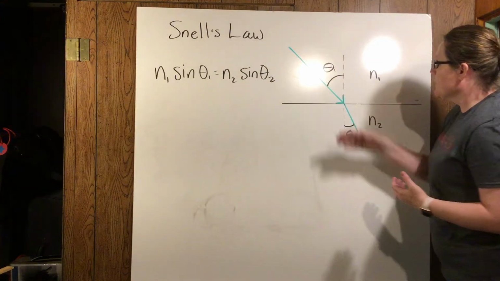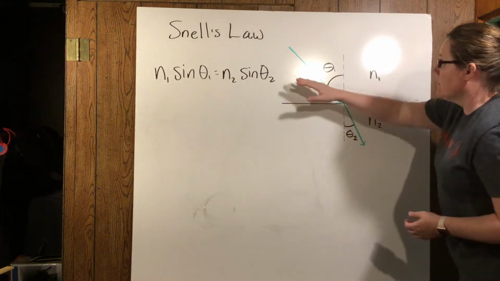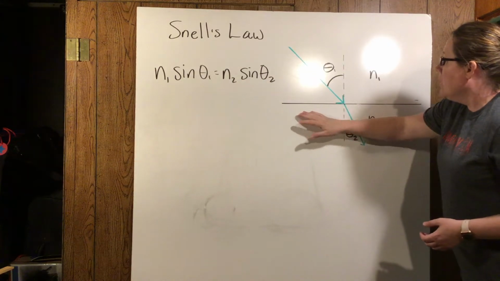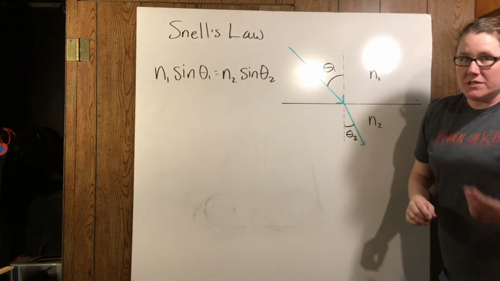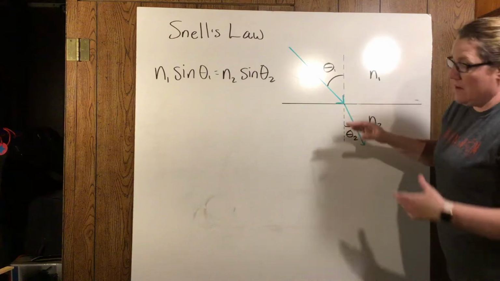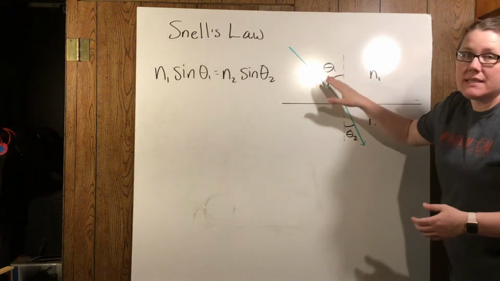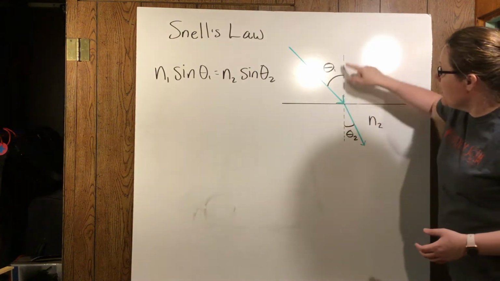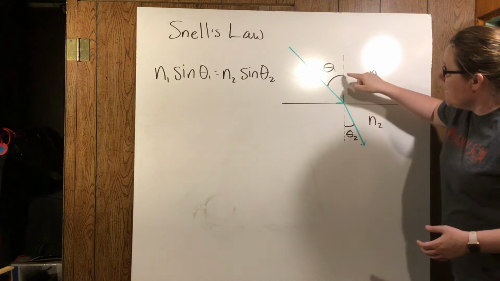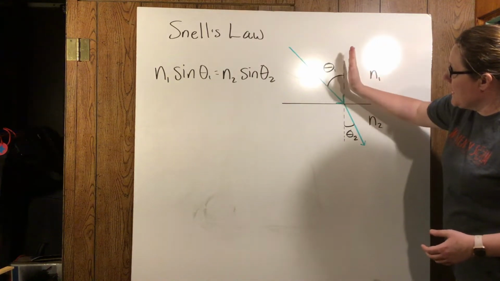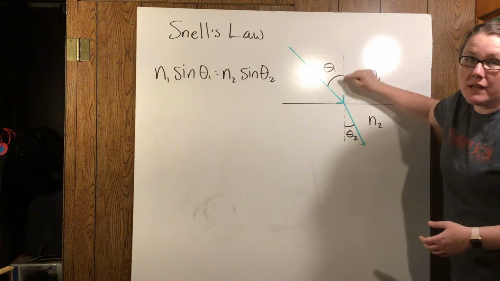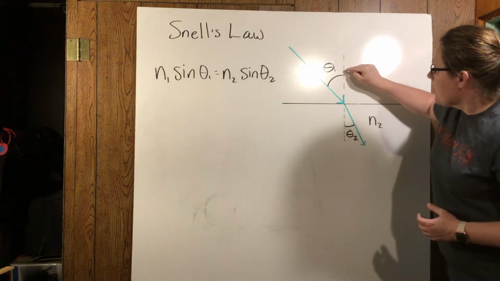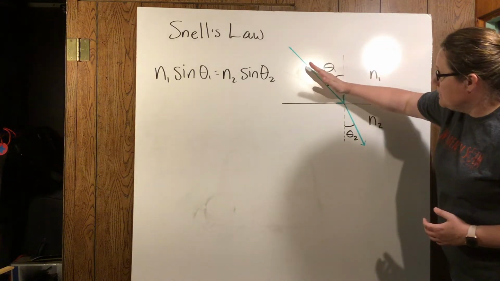If you have two different substances, let's say in this case that we have air and water, we take the n of air, and we just talked about that a bit ago, and then times sine theta, the angle that is made with the perpendicular. So from this straight up and down dotted line, the angle that goes out from there.